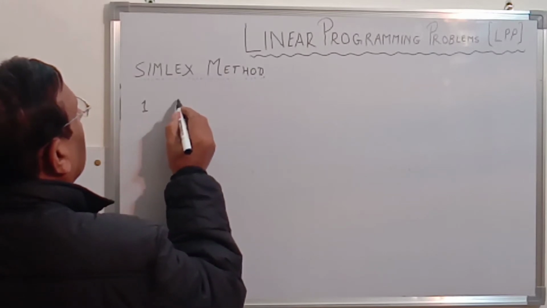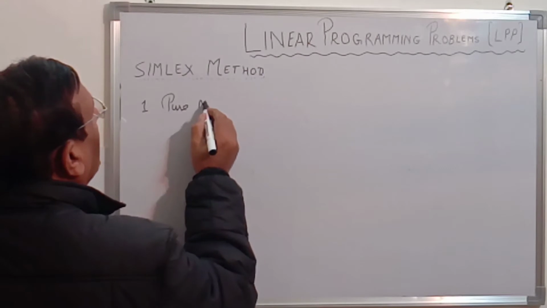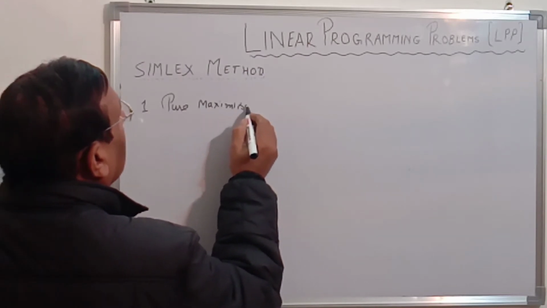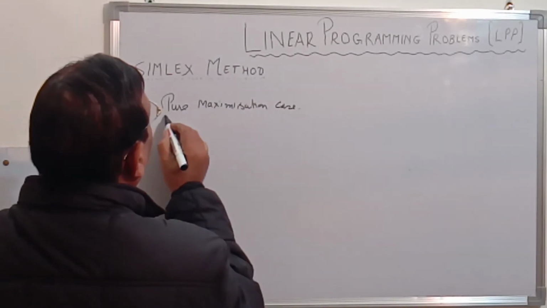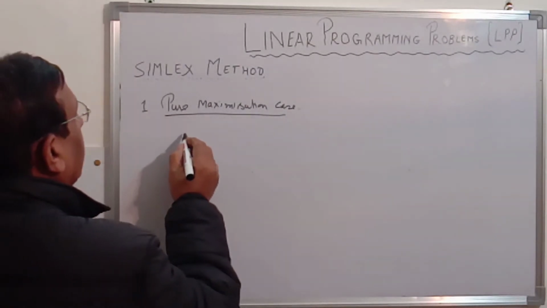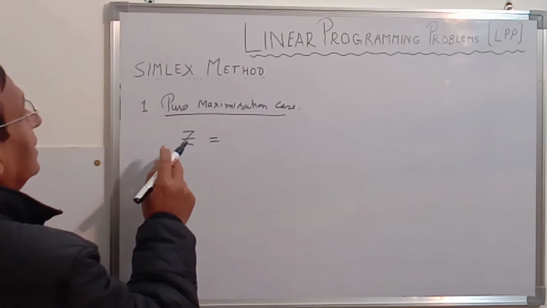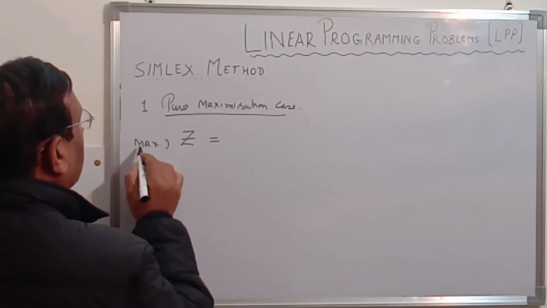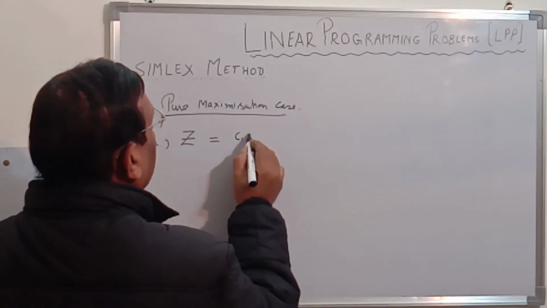Number one, pure maximization case. Here we define z as the objective function, and here z is maximization. Z is to maximize, and this may be c1 x1 like this.